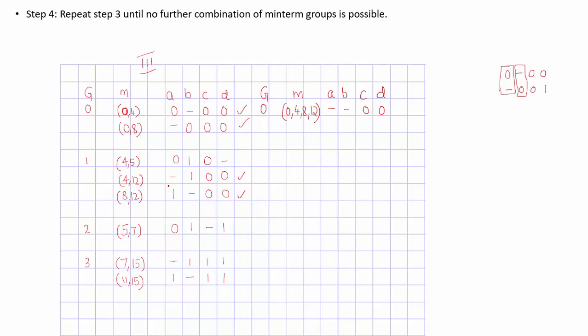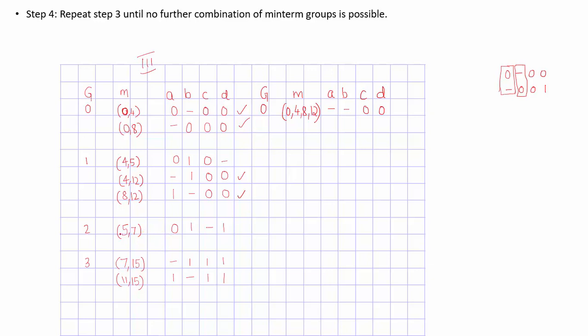A is dash here and C is dash here. So 4, 12 and 5, 7 differ by more than 1 bit. Next you will compare 8, 12 with 5, 7. B is dash here and C is dash here. So 8, 12 and 5, 7 differ by more than 1 bit.